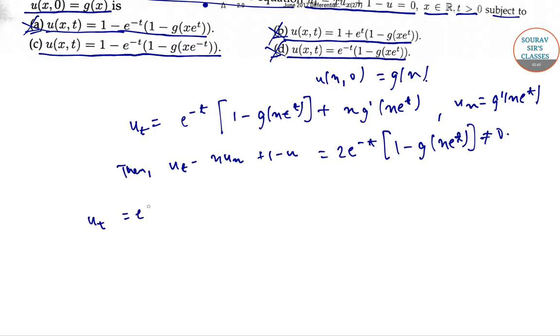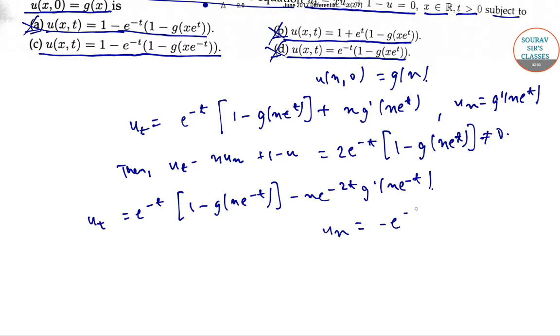u_t is equal to e to the power minus t into 1 minus g(x) e to the power minus t minus x e to the power minus 2t g dash(x) e to the power minus t. u_x is equal to minus e to the power minus 2t g dash(x) e to the power minus t.